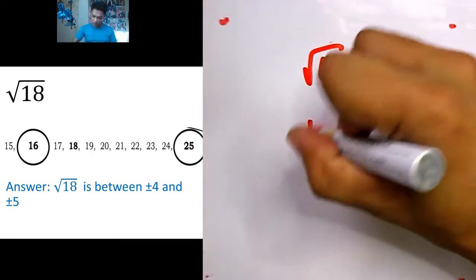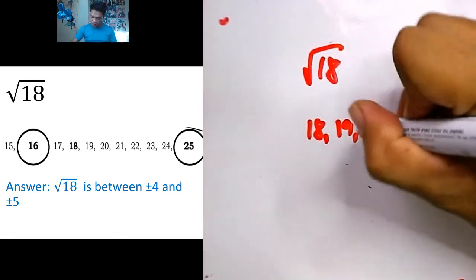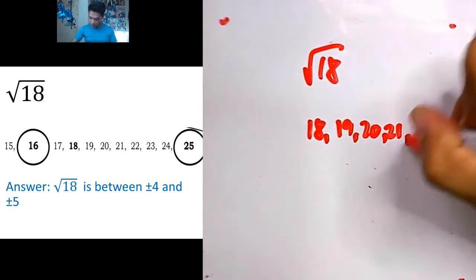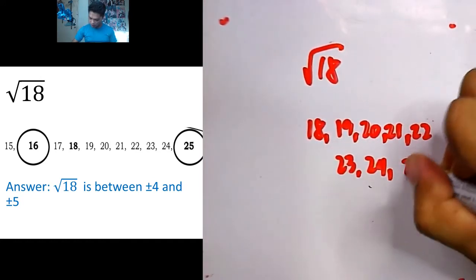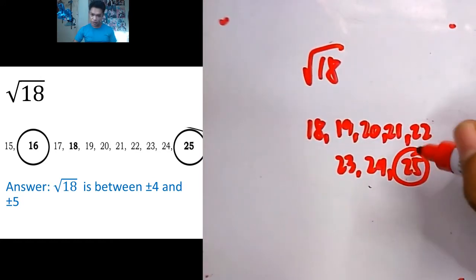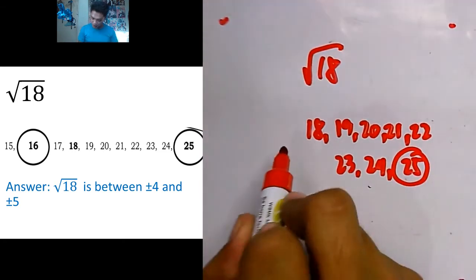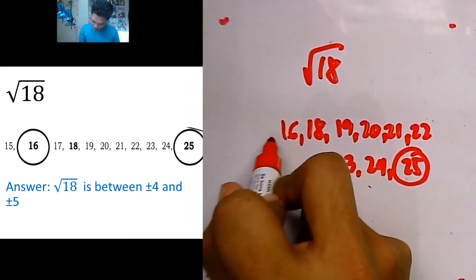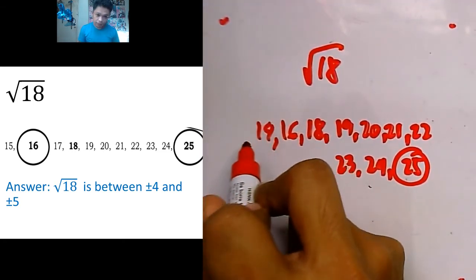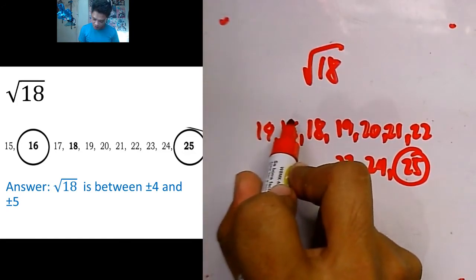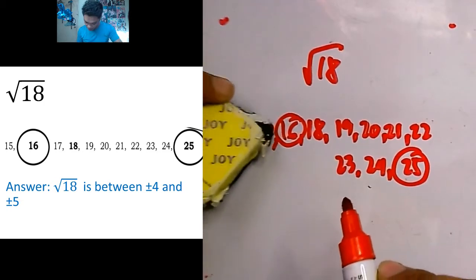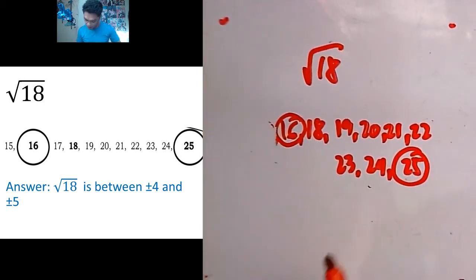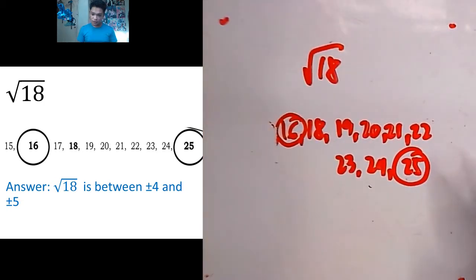So we have 18, 19, 20, 21, 22, 23, 24, 25. 25 is a perfect square, so we end here. Next, before 18 we have 17, 16. 16 is a perfect square, so we end here. So we have 16 and 25.